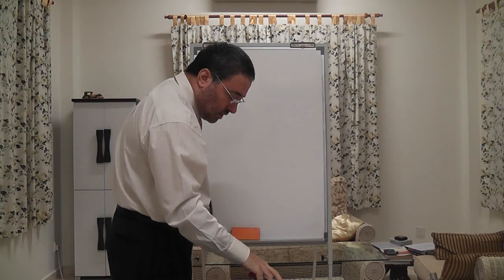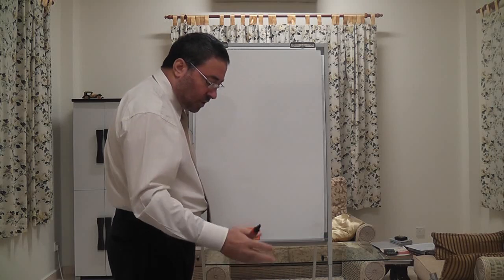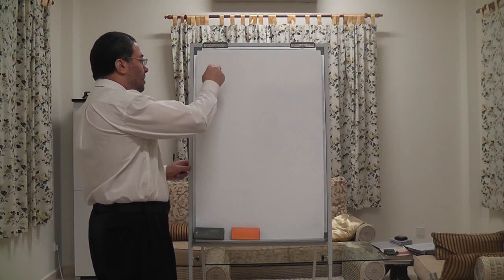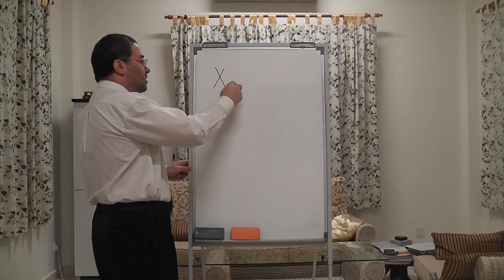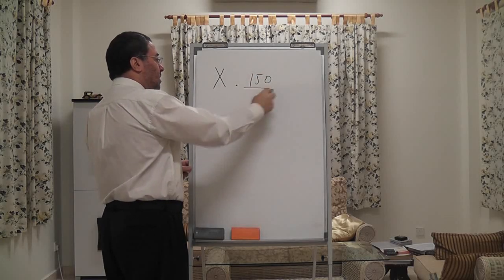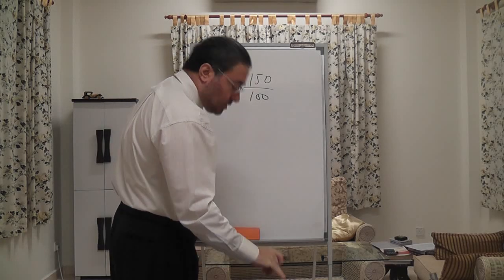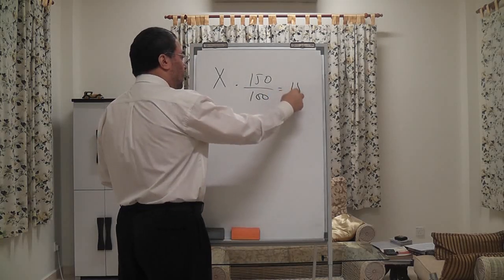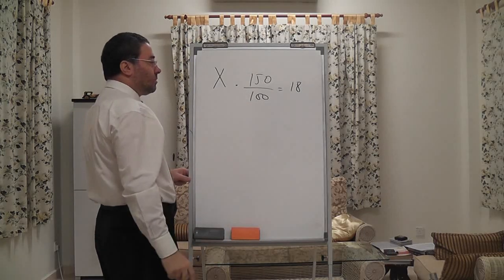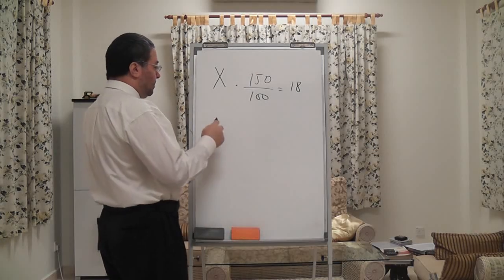Number 16, 18 is 150% of what number? Here also the number is not known, so x times 150%, 150 over 100, and that's equal to 18. We multiply everything by 100 over 150.